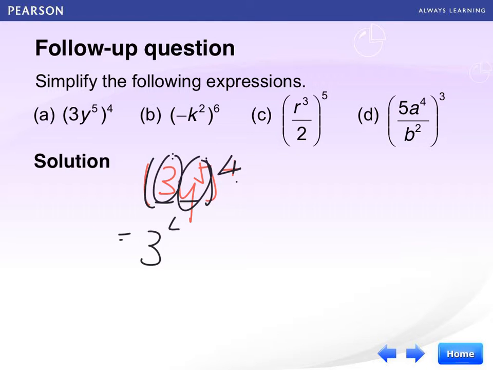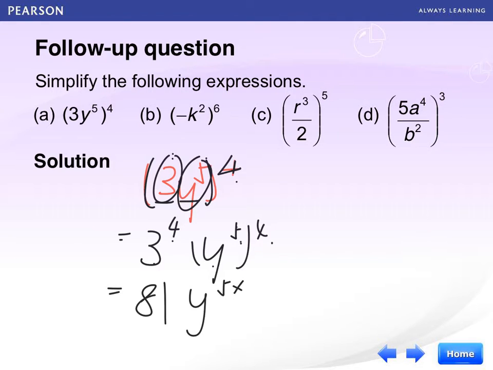That means 3 to the power 4, and y to the power 5 and then to the power 4. And 3 to the power 4 is 81, and y to the power 5 and then to the power 4, power to power, so that is 5 times 4 in the resulting index. So the result is 81y to the power 20.